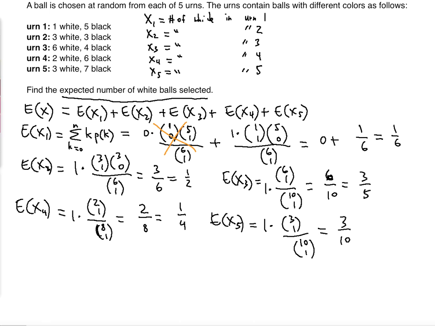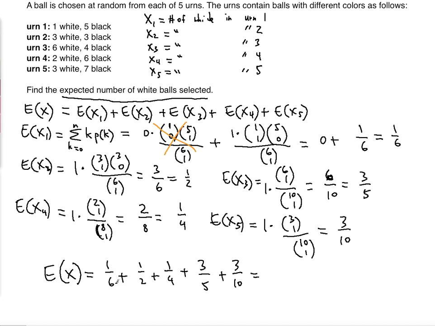Perfect. So now we have our 5 values that we can use to find the expected number of white balls selected. That's going to be 1/6 plus 1/2 plus 1/4 plus 3/5 plus 3/10. As you can see, the least common multiple of these denominators is 60.